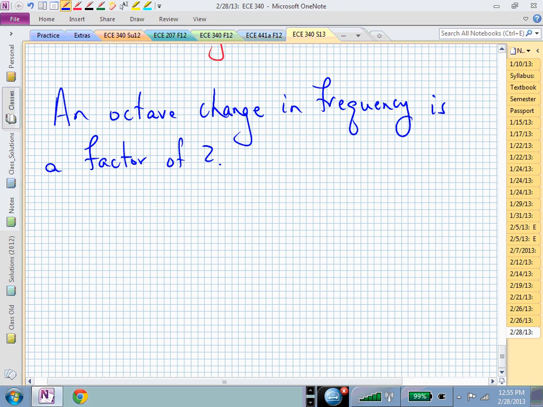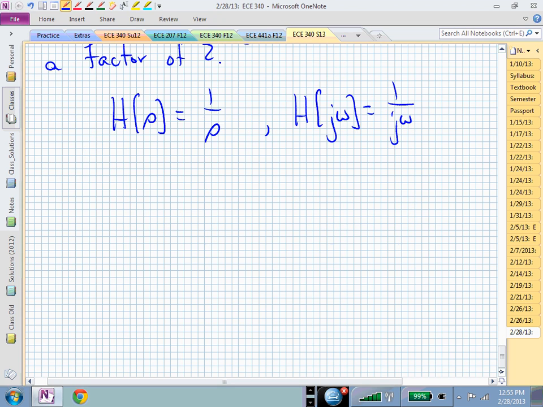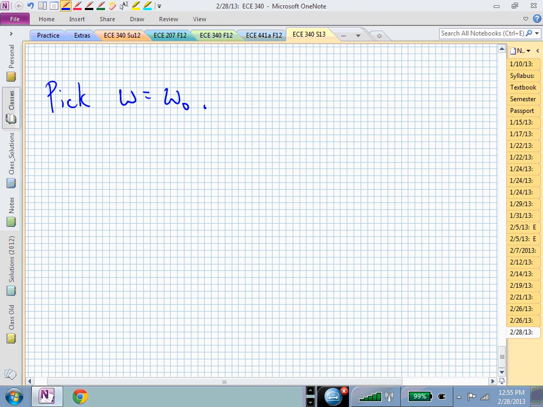If we now had a pure integrator, which would be this system, H of s is equal to 1 over s, then that's one pole at the origin. That's a single factor. If we were looking at that in the frequency domain, we would look at this 1 over j omega. Now, if we're interested in its magnitude, let's say that we just pick a value and say, okay, find its magnitude.